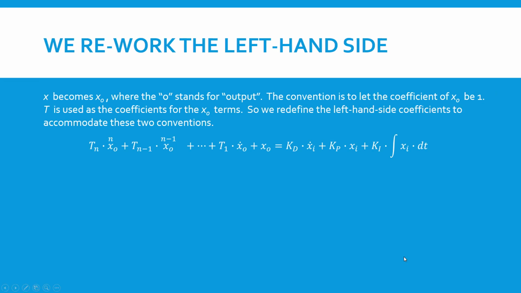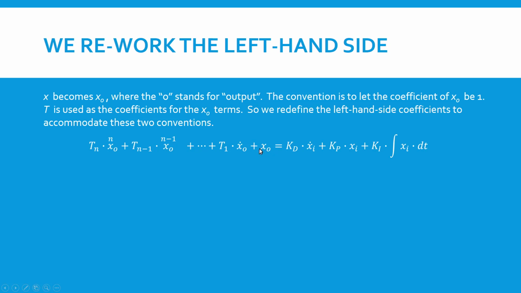So we go back to the equation that we originally started with, our ODE, and we're going to replace our variables so that they're more in line with what we're doing with the control system. X becomes XO, where O stands for output, and the convention is to let the coefficient of XO, so that's right here, the 0th derivative of XO, be 1.